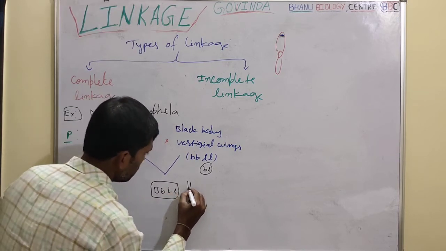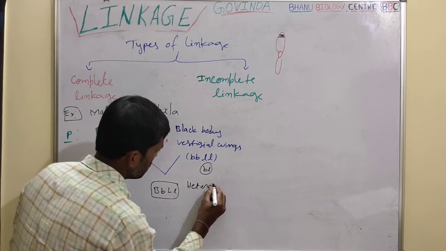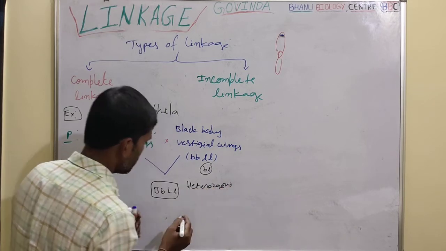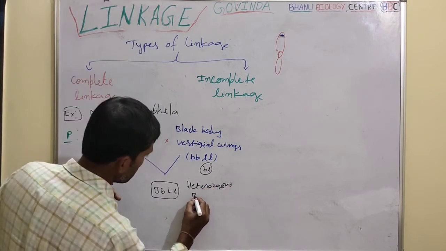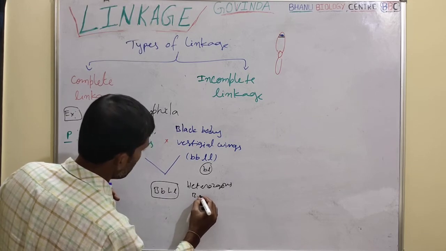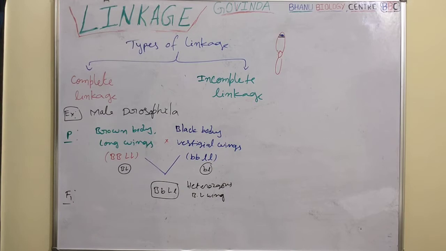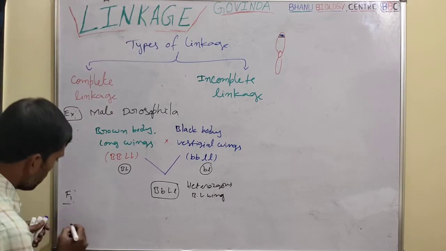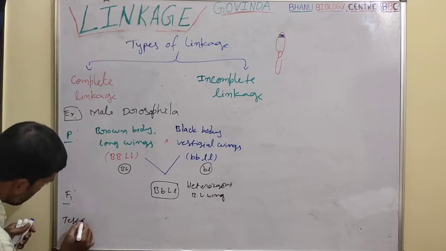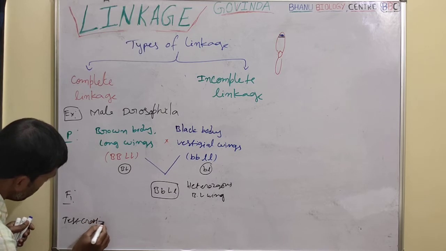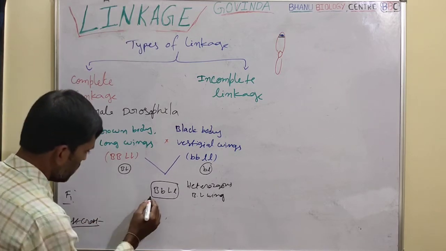So this is the heterozygous brown body long wing Drosophila. Now you go for test cross. We know how to perform the test cross.